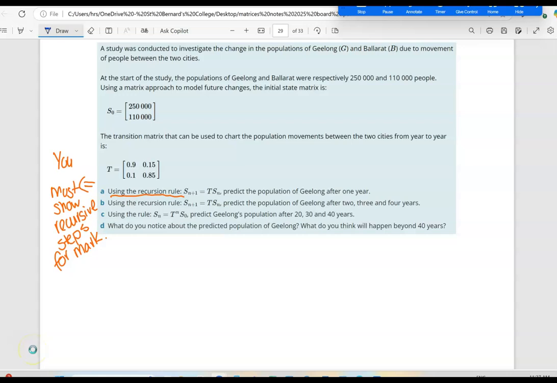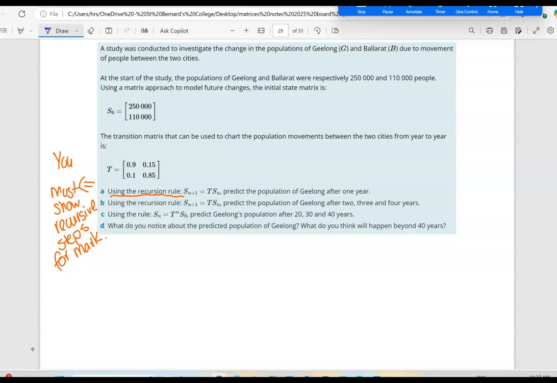Okay, so with this one, it said a study was investigating the change of population at Geelong and Ballarat due to people moving between the two cities. At the start of the study, the populations at Geelong and Ballarat were 250,000 and 110,000 people respectively.